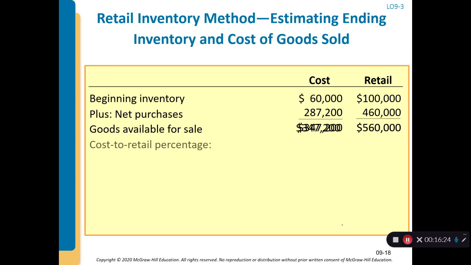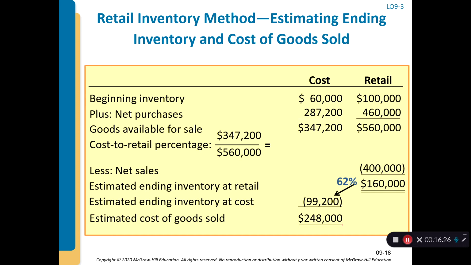Okay, so here you go. First of all, beginning inventory costs 60,000 and retails 100,000, net purchases cost 287,000 and retail 460,000. So the goods available for sale cost 347,000 and retail 560,000. So the cost to retail percentage is actually 62%.